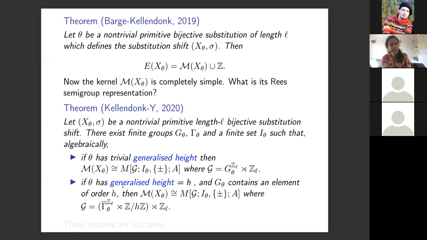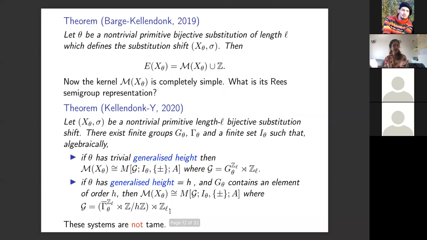What happens in the other case is if you have a generalized height H, and I'll define this in a minute, that's where the small structure group gamma theta comes in. All right, so once again, we still have a Rees representation. This group G is a little bit different, okay? It's the normal closure of gamma theta to the Z_L, semi-direct with Z mod HZ, semi-direct with Z_L, okay?